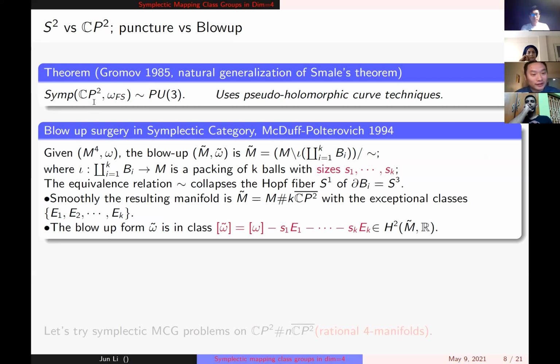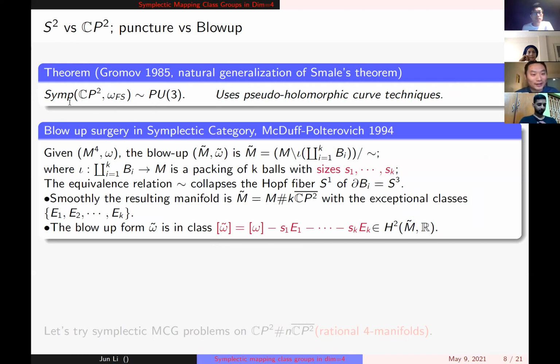The first thing is Gromov's theorem on CP2. CP2 we can think of as a simply connected compact four-manifold. That's a natural generalization of S2 if you think of S2 as CP1.